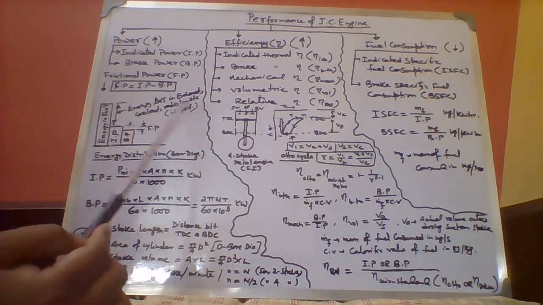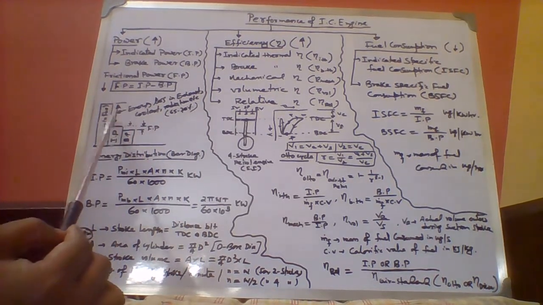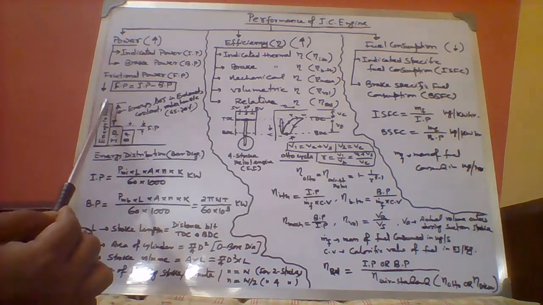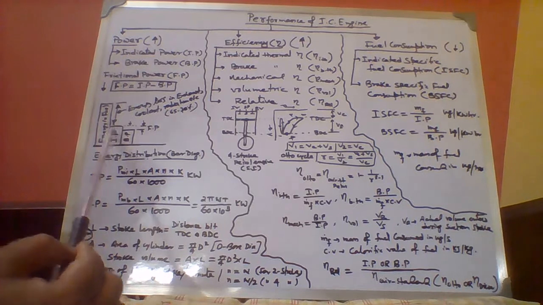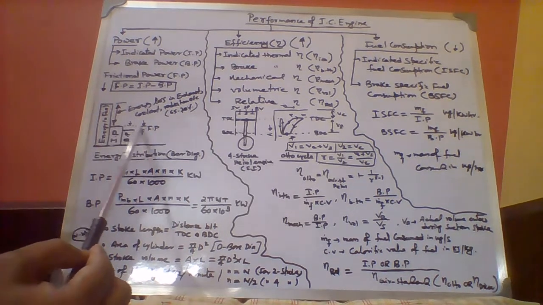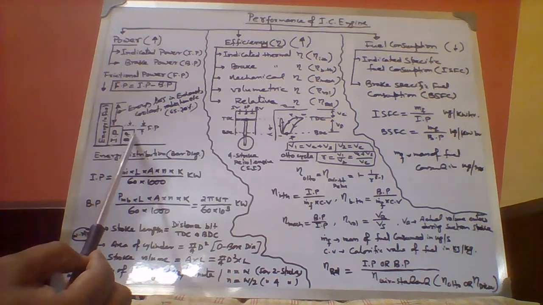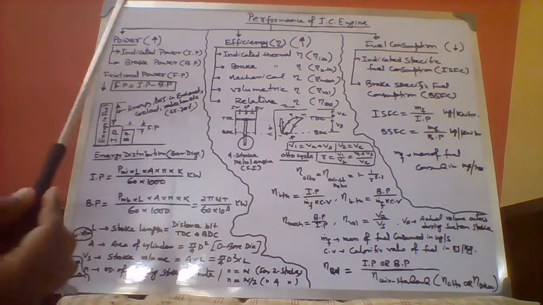So these are the important factors which cause the energy from fuel to be reduced to IP over here. Again, you are not getting the same, because IP minus FP will be the idea of BP, and that is actually transmitted to the wheels, clear, in case of IC engine.